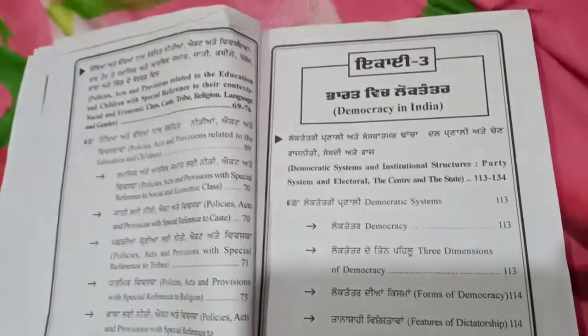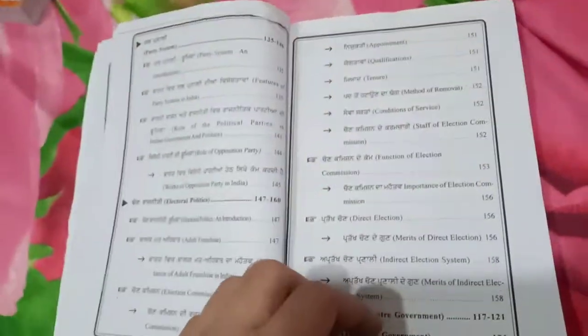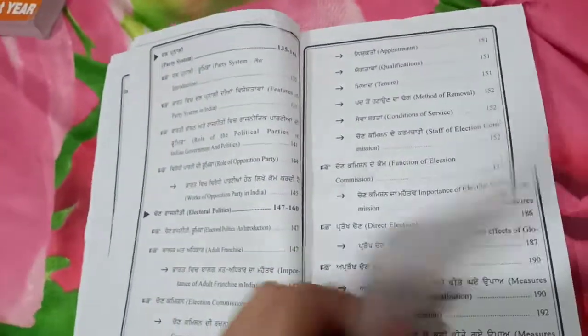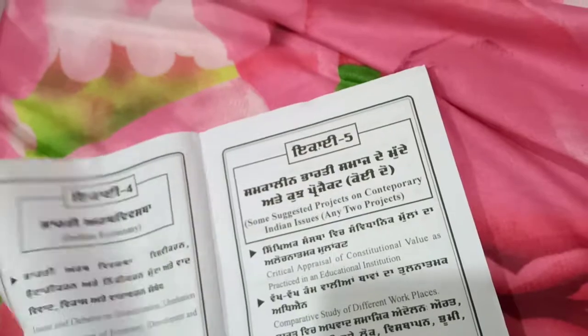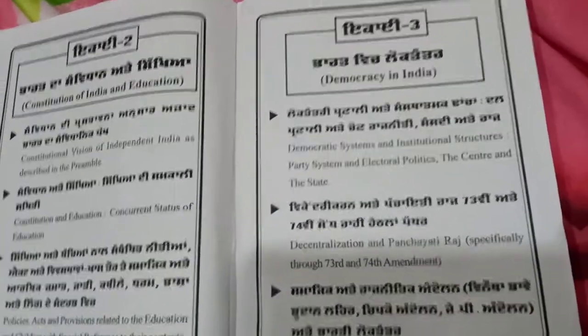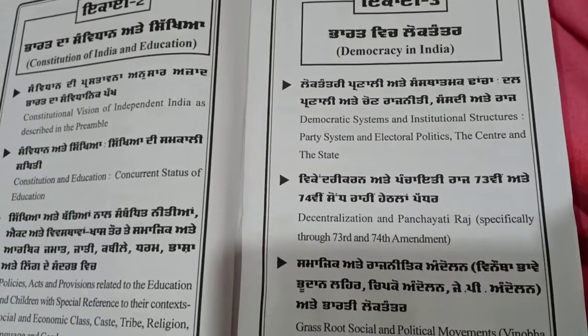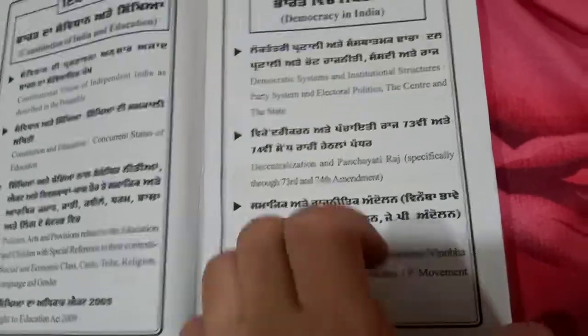Let's check out unit 3 now. Unit 3 of contents: democracy in India, democracy, features of democracy, unitary government, union government, till JP movement, Indian democracy. Unit 3, democracy in India, democratic systems and institutional structures, party system and electoral politics, JP movement and Indian democracy.